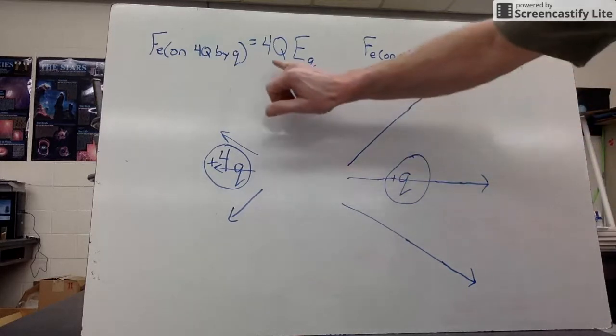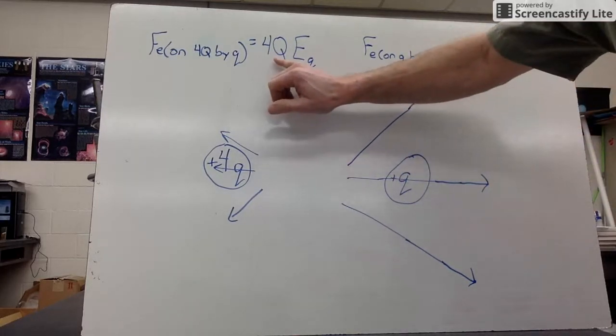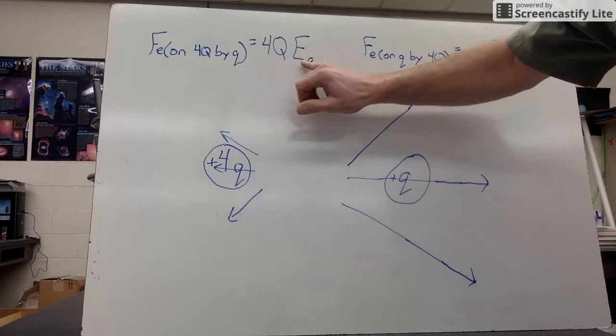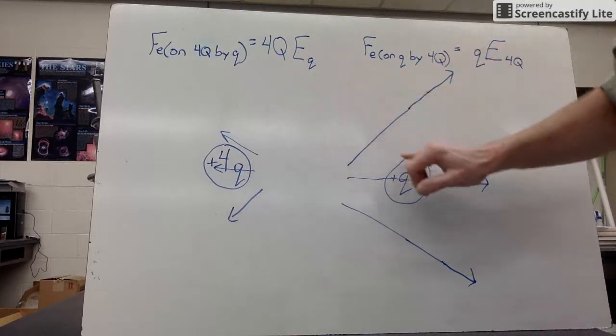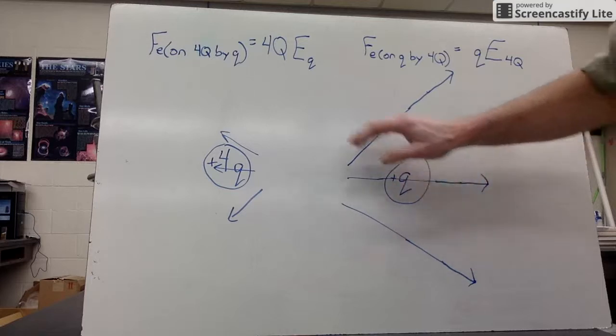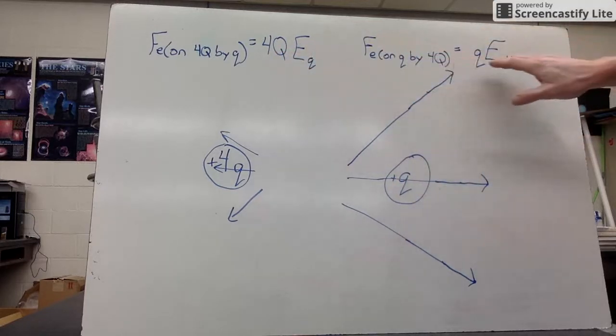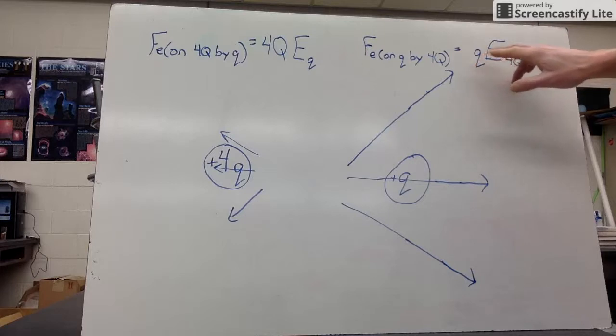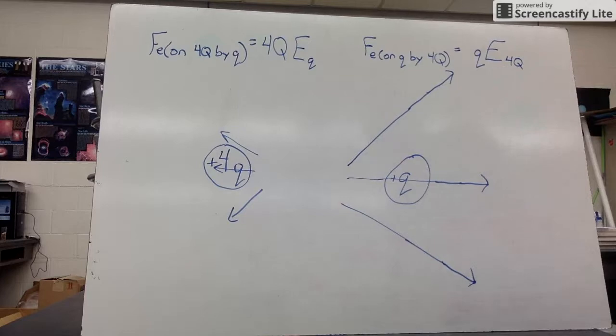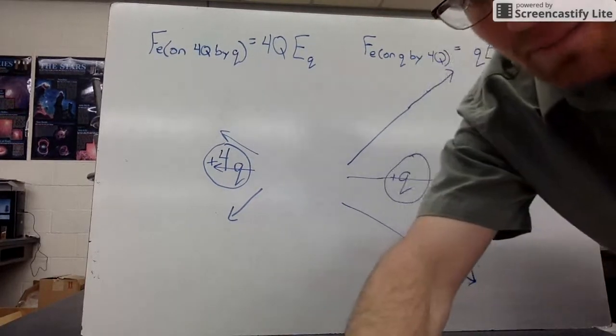So, for example, even though you have 4 times the charge, it is in the electric field of the charge that is 4 times smaller. And that will work out to be the same product as multiplying a small charge times an electric field that is 4 times larger. And so I'm glad that I clarified that thinking.